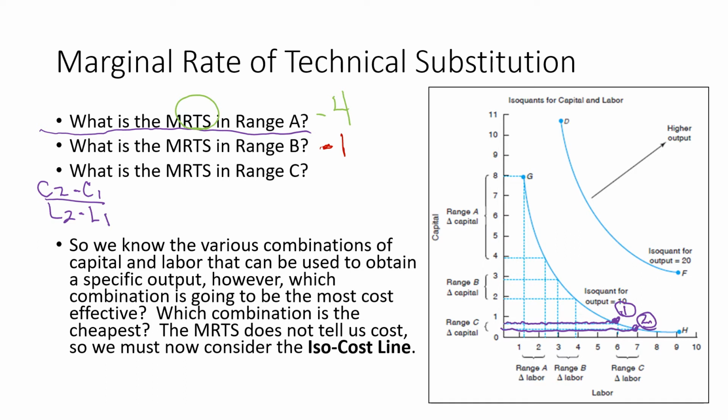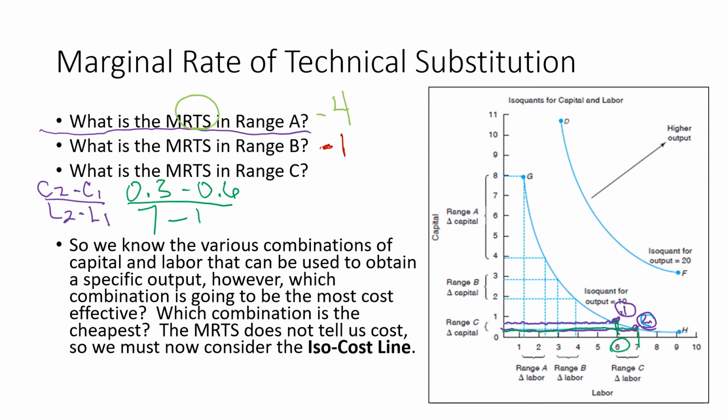Capital use at point 2, if we follow that all the way over, we'll say 0.3. Capital use at point 1 is, we'll say 0.6. Labor use at point 2 is 7. Labor use at point 1 is 6.